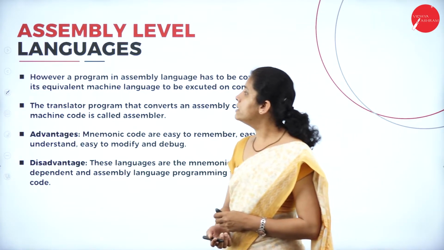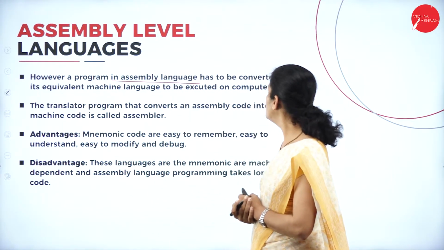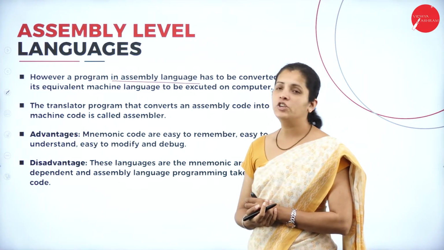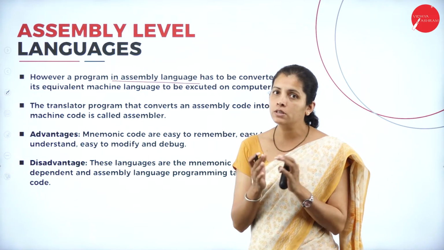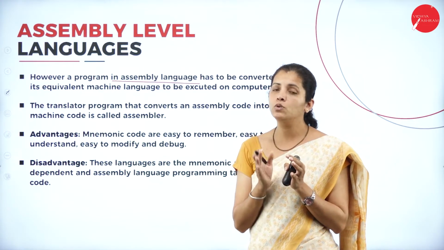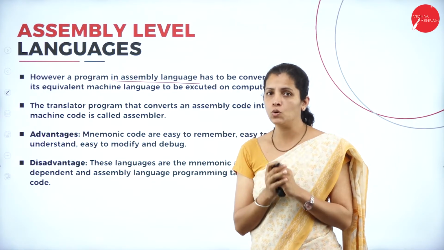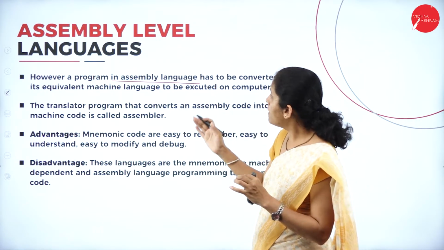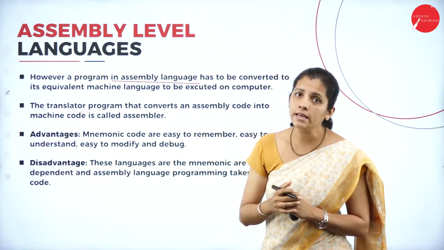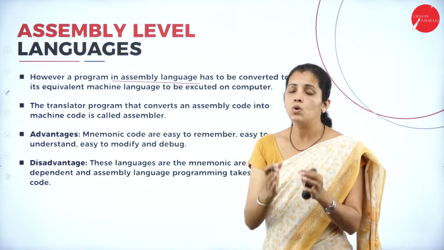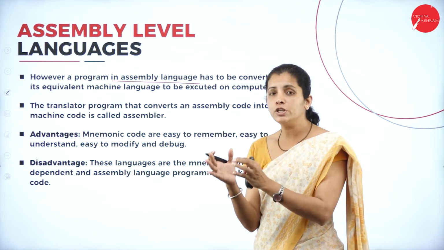Now, however, a program in assembly language has to be converted to its machine equivalent. That means computers are able to understand only machine level language or machine code. Assembly level language is not understood by the computer system, so I want to convert my assembly code to machine code.